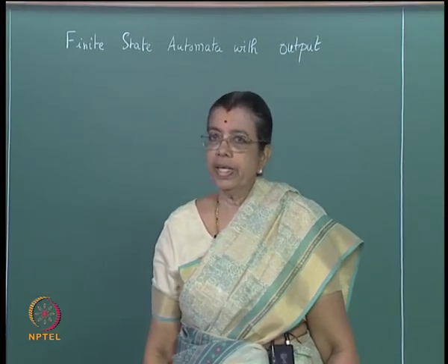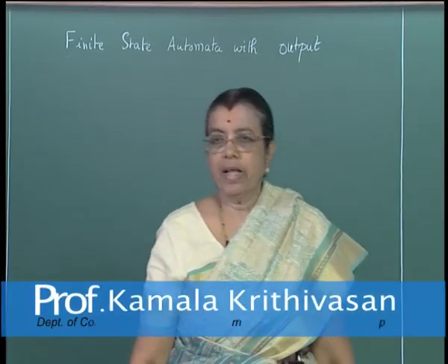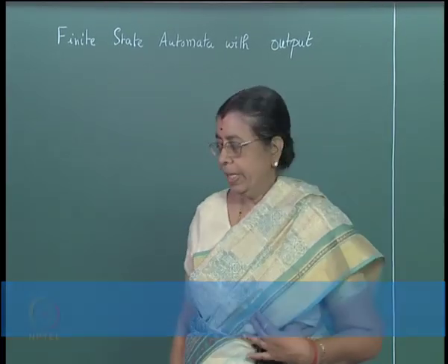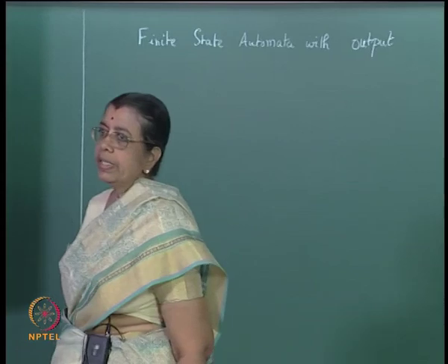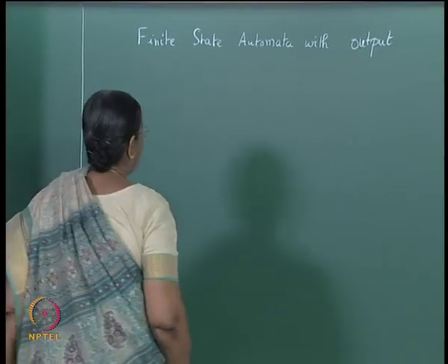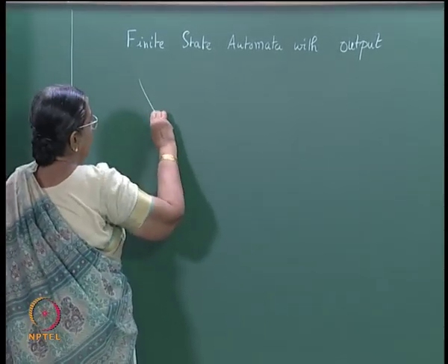Today we shall consider finite state automata with output. Actually, we have considered this in the first class. In the first class, we considered the example of a serial adder. This was the state diagram.